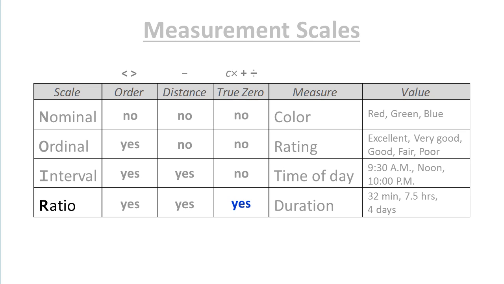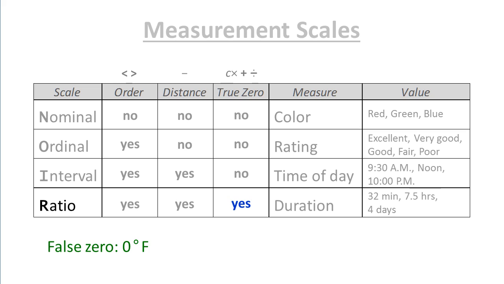By the way, the reason we call this property true zero is because measurements can have a false zero. A true zero represents the absence of the property that a measurement measures. A classic example of a measurement with a false zero is the Fahrenheit temperature scale. The 0 degree Fahrenheit represents some arbitrary amount of heat.